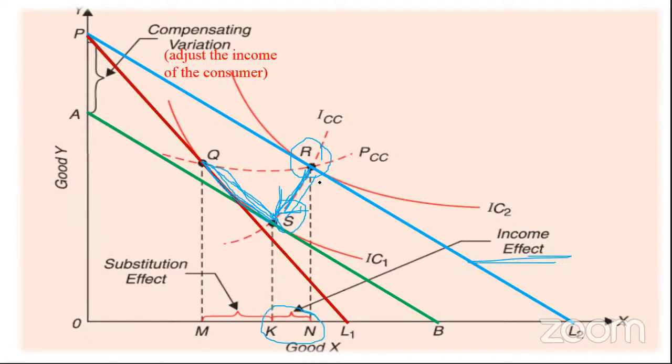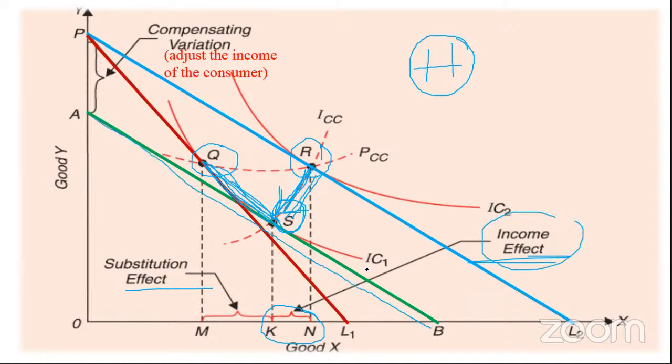Remember, we are reducing the income from PL2 to AB, so up to this point is the income effect. The movement between the equilibrium positions Q and S represents the substitution effect. This is the Hicks method of decomposition of the price effect. Hicks decomposes the price effect into the substitution effect as well as the income effect by drawing the compensating budget line.